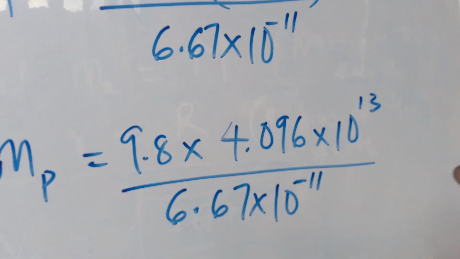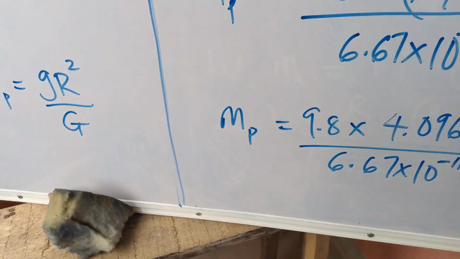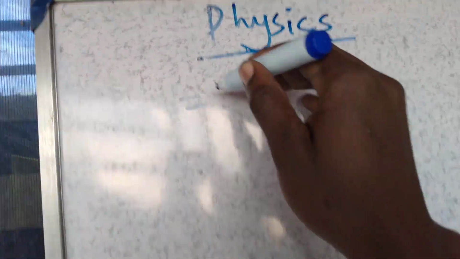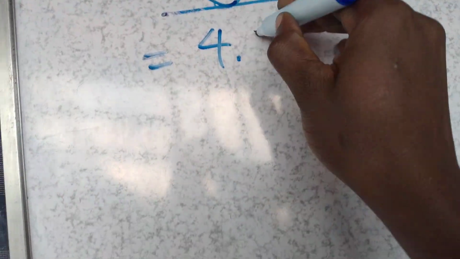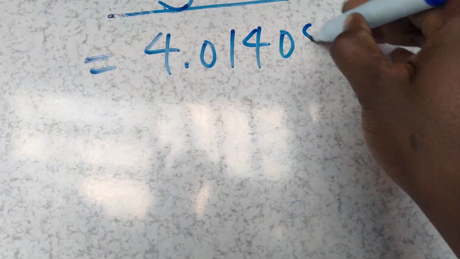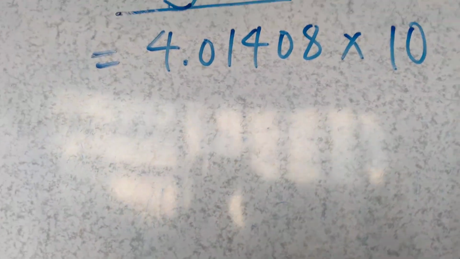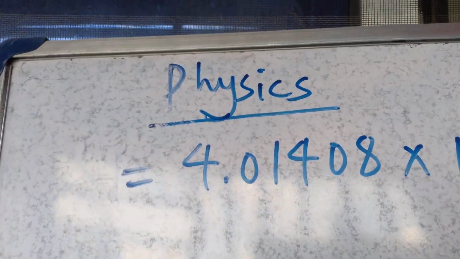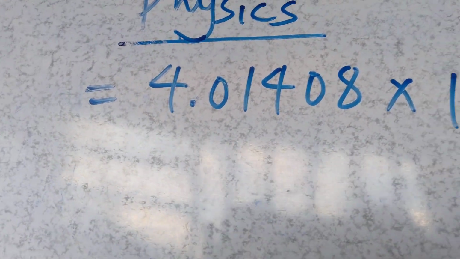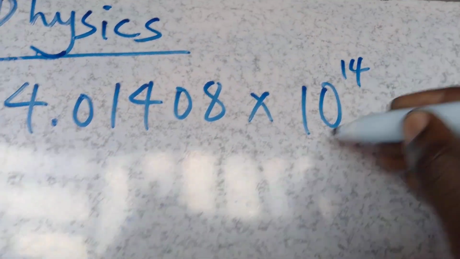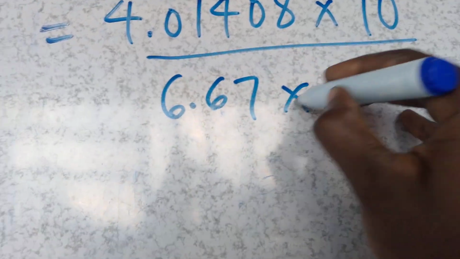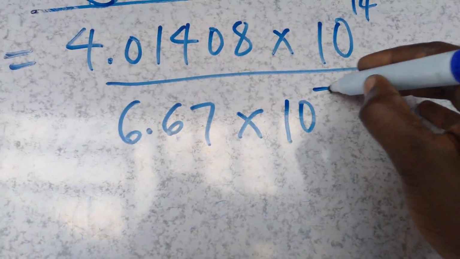So when I multiply the numerator, that will give me 4.01408 times 10 raised to power 14 divided by 6.67 times 10 raised to power minus 11.